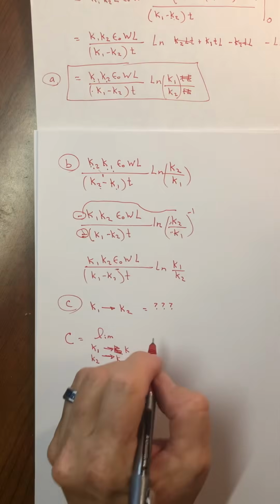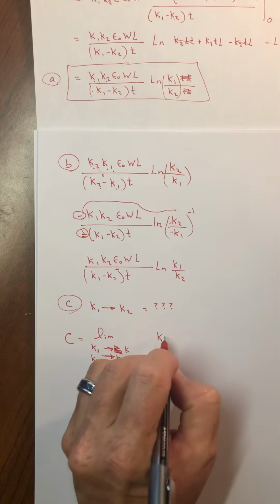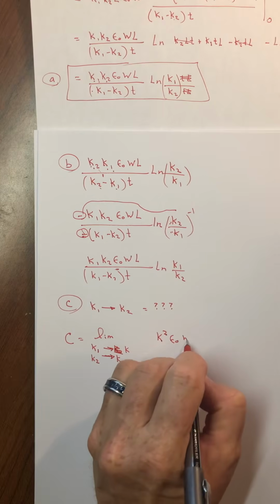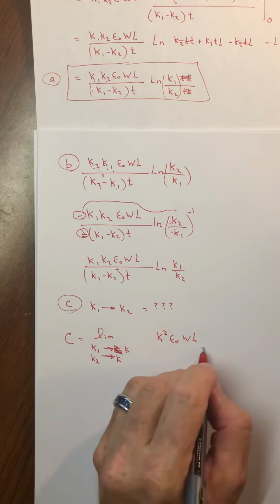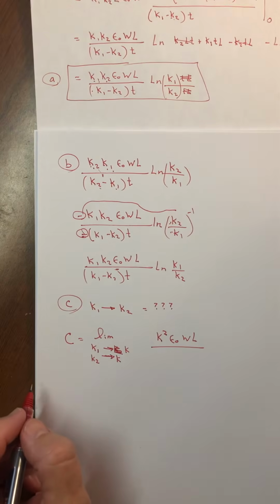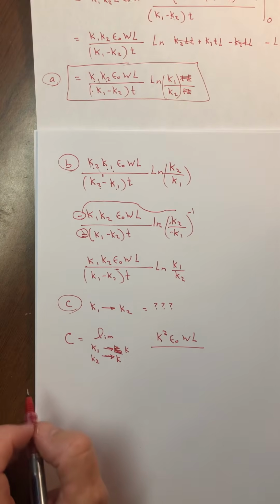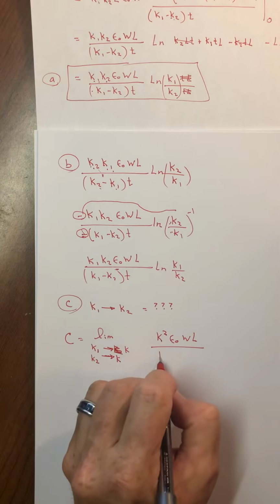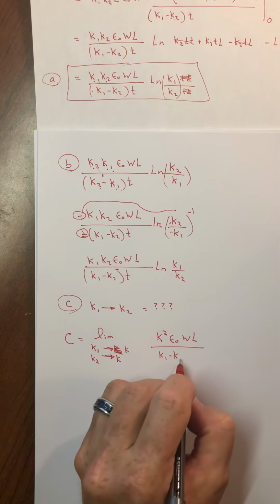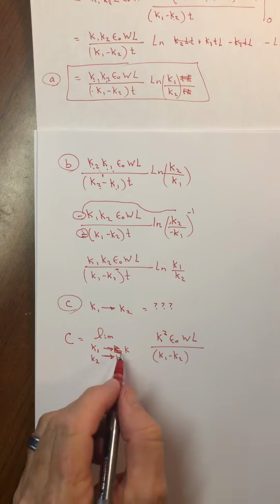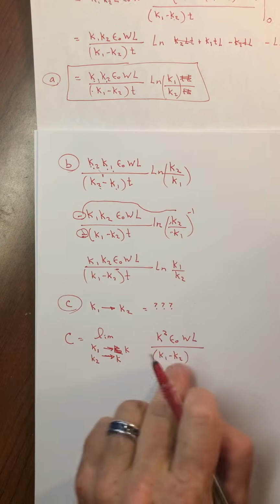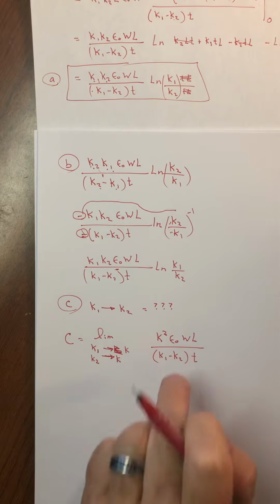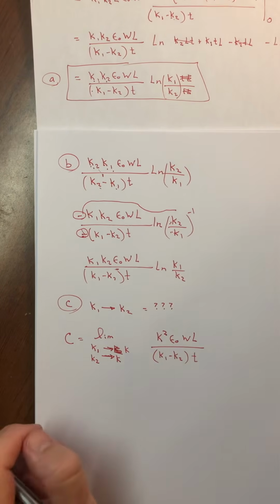So in the numerator, we would have really then a kappa squared. And in the denominator, here's where it's going to get a little hard. Because if you have a kappa 1 minus a kappa 2, and you take the limit that they both approach kappa, they're the same thing, now you get a 0 in the denominator.